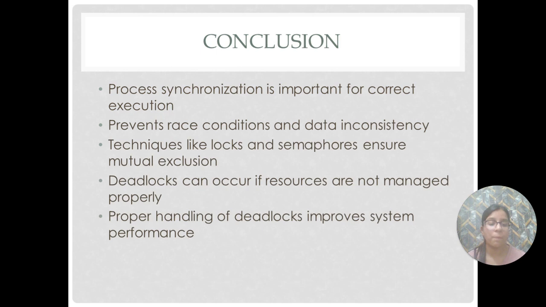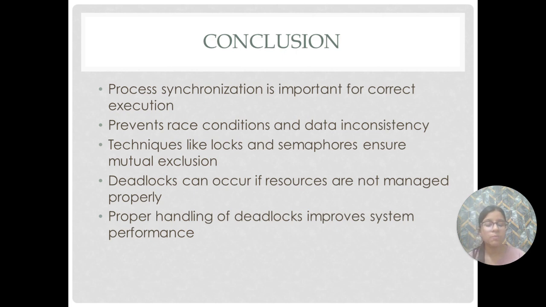So here our topic ends, and I will give you a summary of all the topics I have explained today about process synchronization. Process synchronization is very important for correct execution and data consistency.